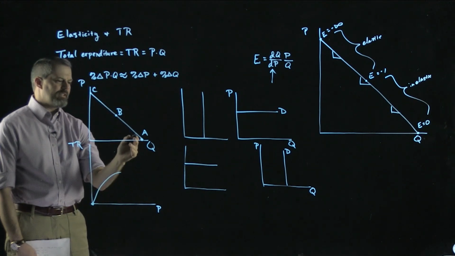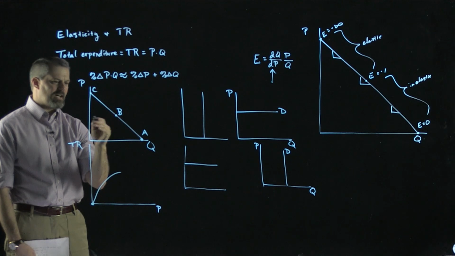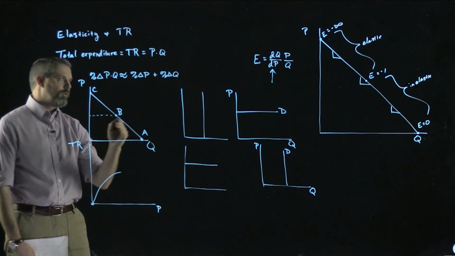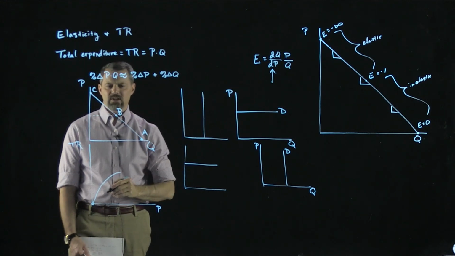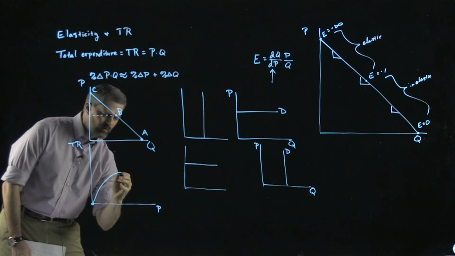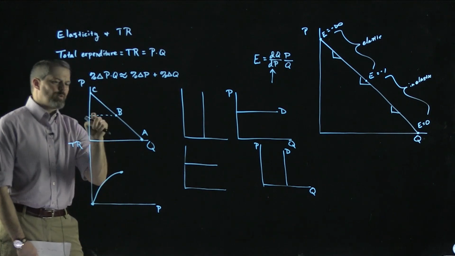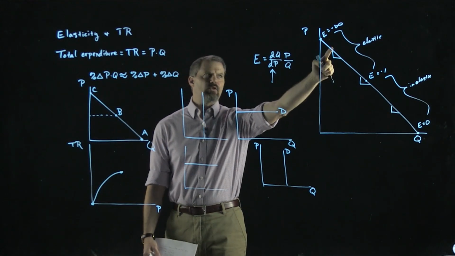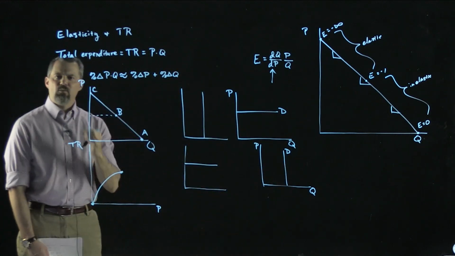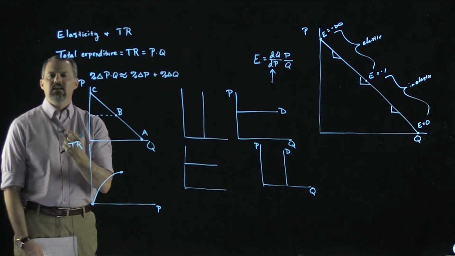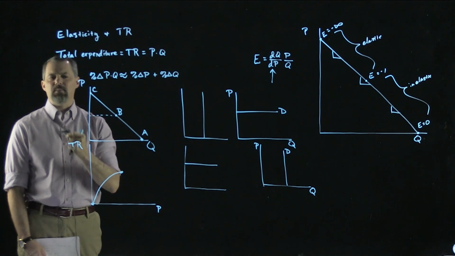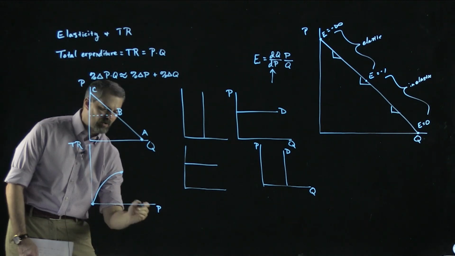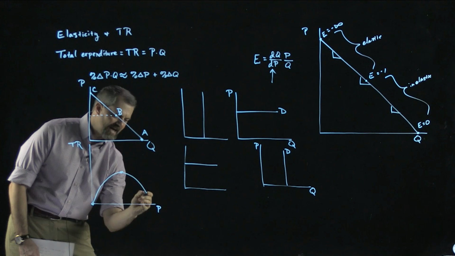And at some point, as we increase price enough, we're going to hit the midpoint when demand is unit elastic, and our total revenue is going to stop going up. And then as we increase price more, we now reach the elastic portion of the demand curve. And when demand is elastic, price and total revenue go in opposite directions. So an increase in price causes total revenue to go down.